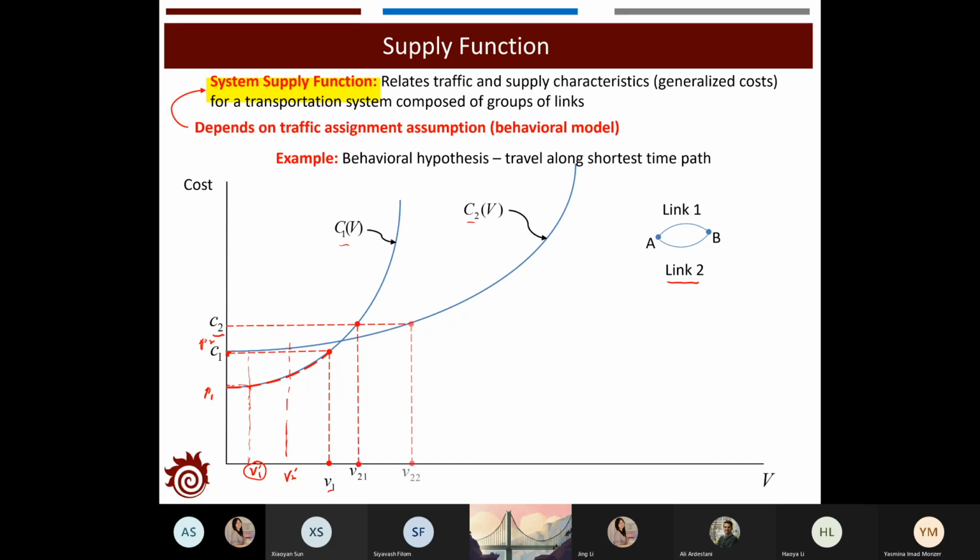So you can see that at cost C2, the total flow would be V21 plus V22, and they reach this point. And again, you can go to the other cost C3, and the total flow for C3 will be V31 plus V32.